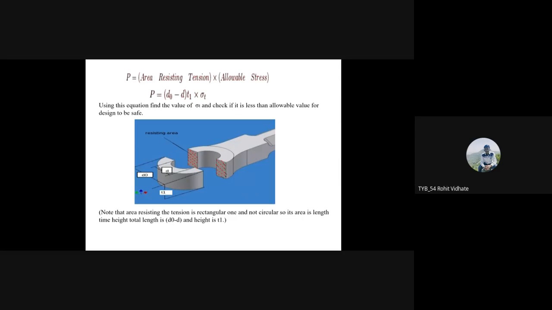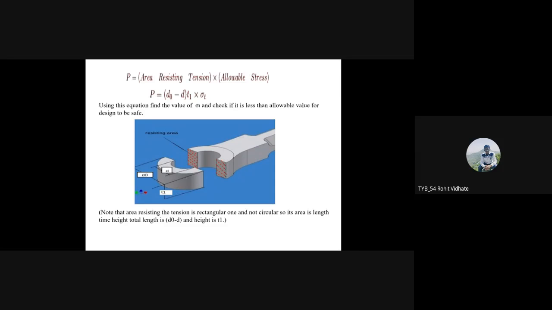Now, the area here is height multiplied by width. If you multiply it by 2, it becomes twice that area, because there are two areas resisting it.